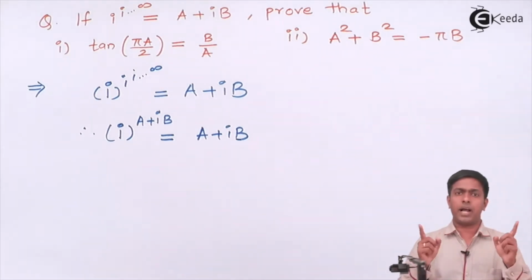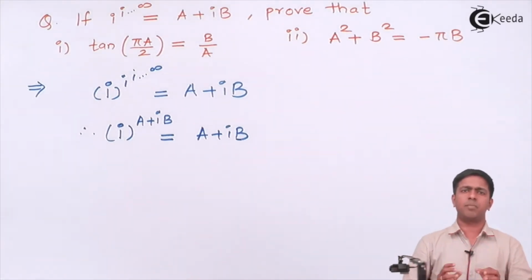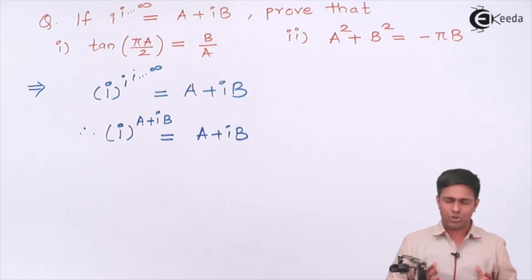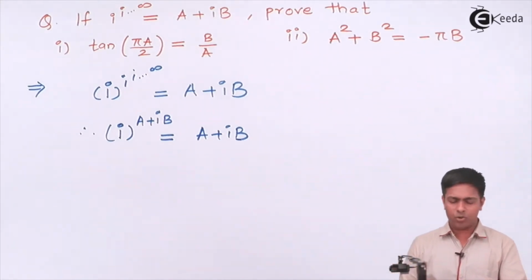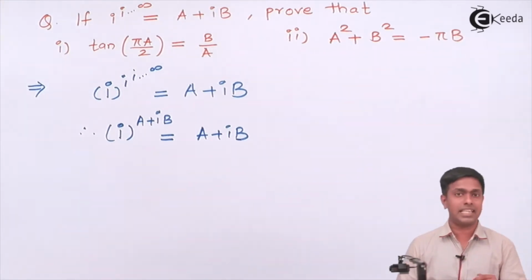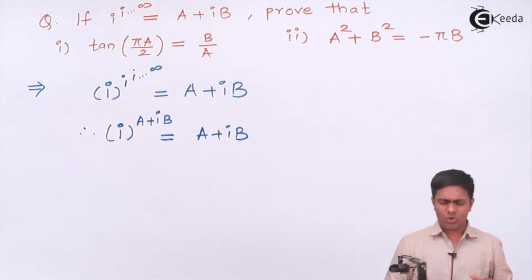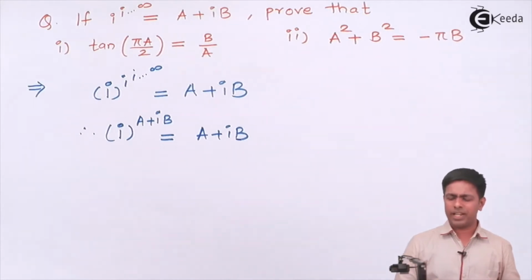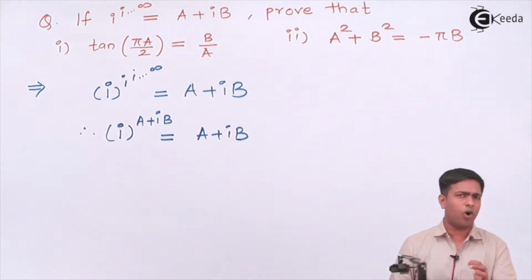It means real part is equal to real part and imaginary part is equal to imaginary part. To do that, I have to bring a complex number on the left hand side, and then only I can apply this equality property.